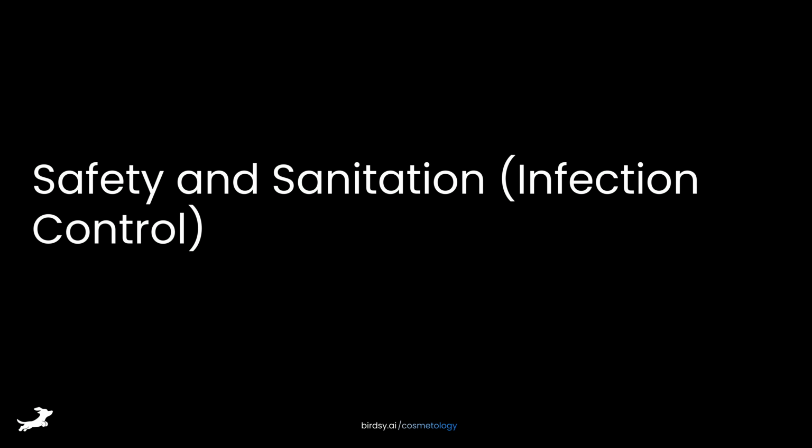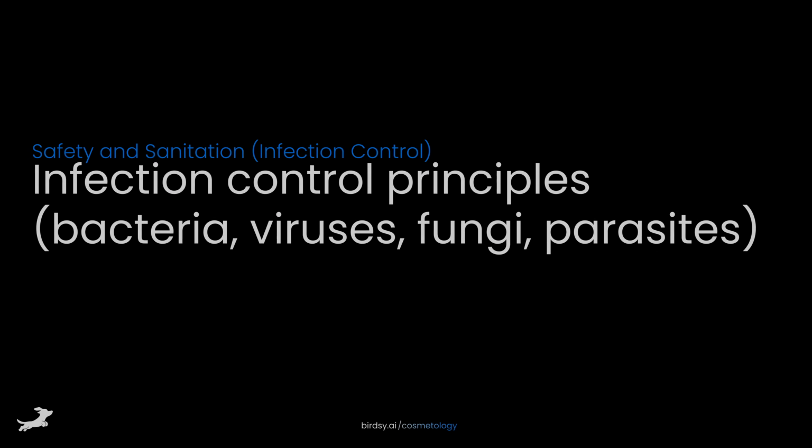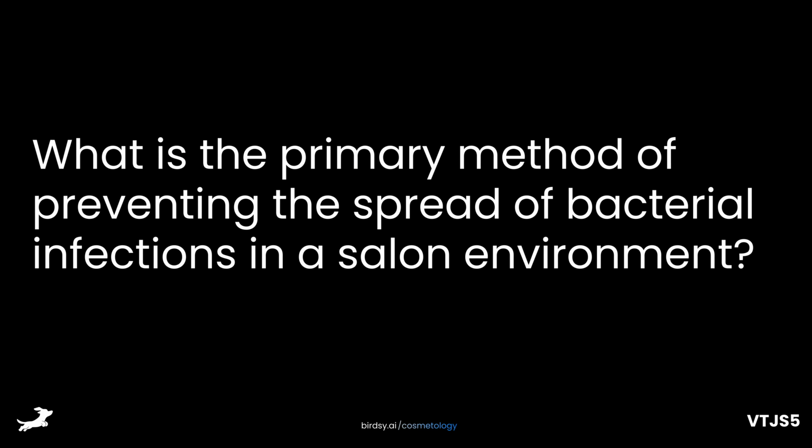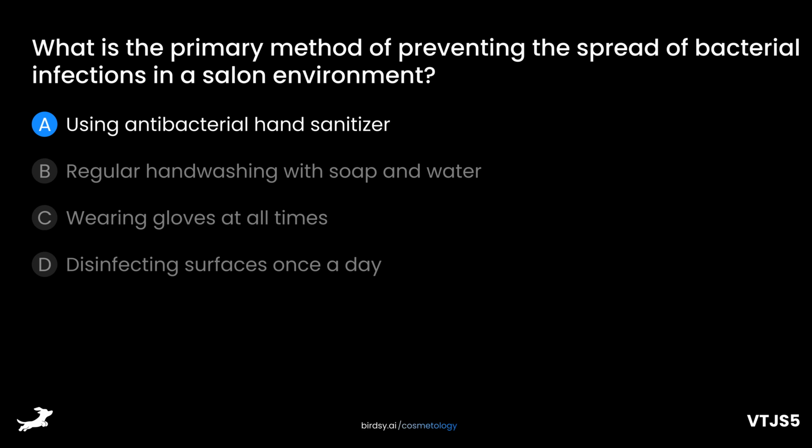Safety and sanitation, infection control. Infection control principles: bacteria, viruses, fungi, parasites. What is the primary method of preventing the spread of bacterial infections in a salon environment? Is it A, using antibacterial hand sanitizer? B, regular hand washing with soap and water?